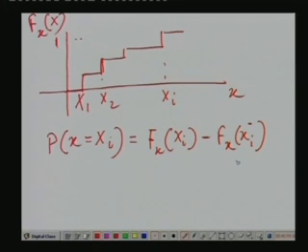Okay. So, this difference will be exactly equal to the probability of x taking xi. You can even call it pi. Okay. This is the case of a discrete random variable.